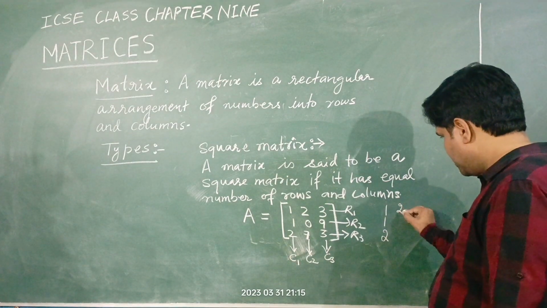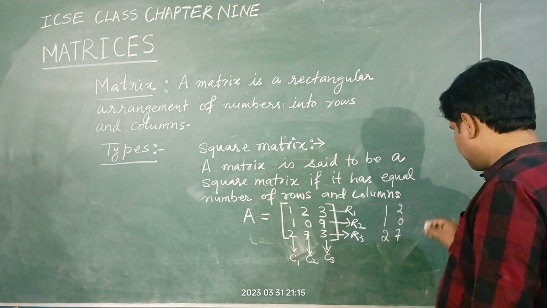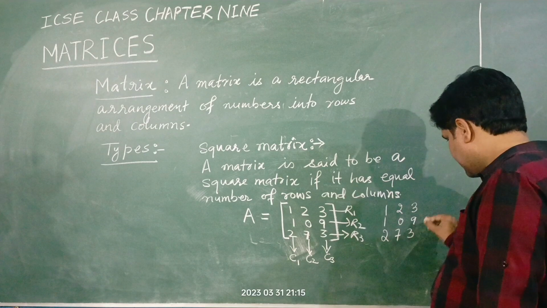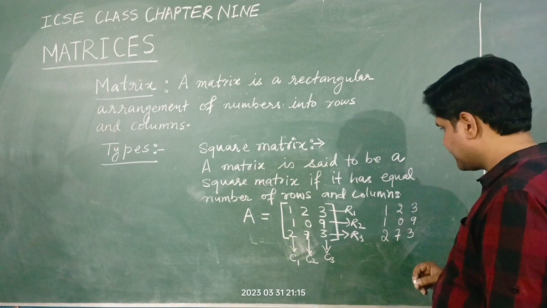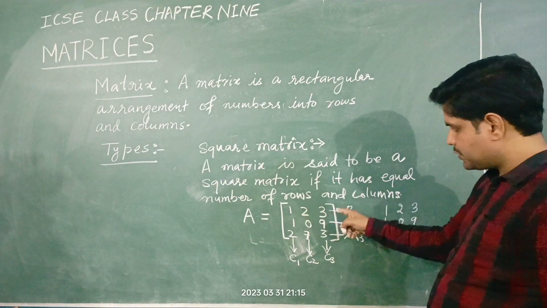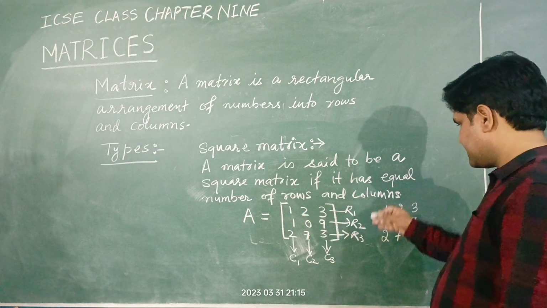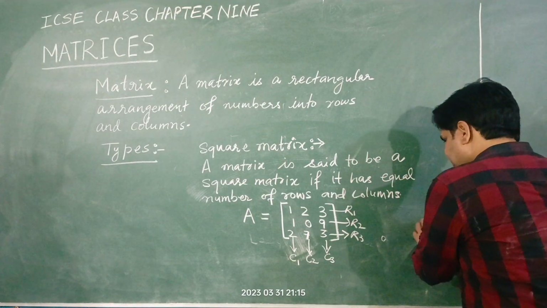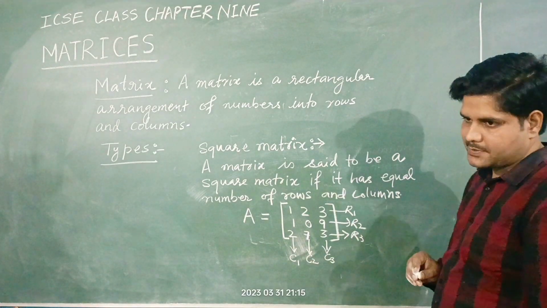If I write 2, 0 and 7, these are the components of column 2. And 3, 9 and 3, these are the elements of column 3. Likewise, the same numbers can be determined as rows and columns, and as you've seen here, these are simple numbers, and that is how you have to understand the rows and columns.